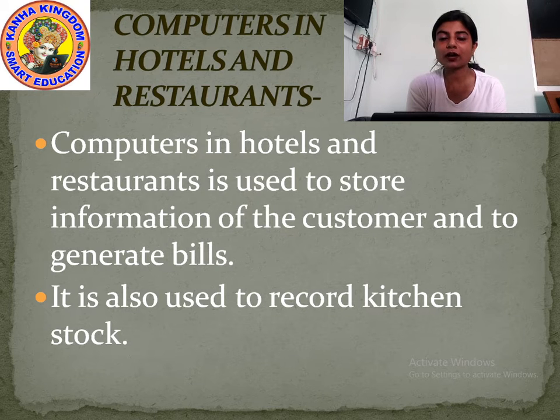Okay, the records of a customer are done with the help of a computer. Yes or no? If you go to some good restaurant, you get a slip or not of bill. How it is generated? It is generated with the help of a computer. Okay, this computer keeps all the records of the hotels and restaurants.